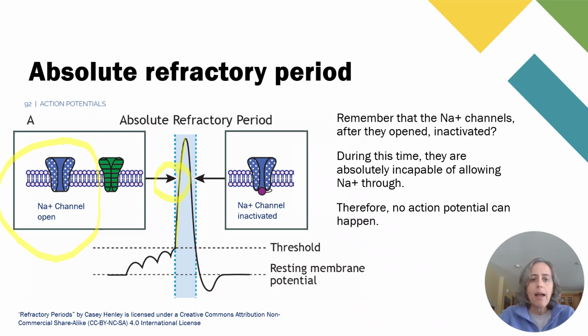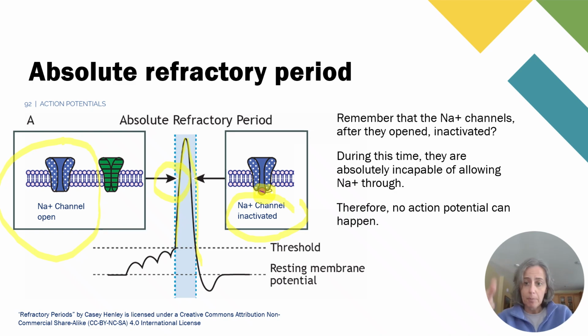The other part happens during this falling or descending phase, which you might remember is when the sodium channels are inactivated. That little bead kind of blocks the pore there. And so no way can sodium go through. So you'll remember that we're falling at this time because the potassium channels have opened and potassium is moving out of the cell.